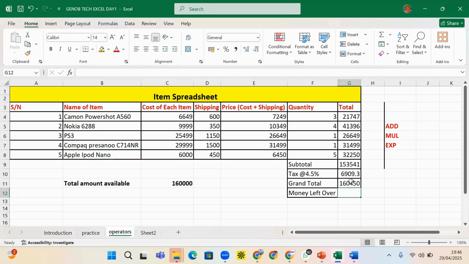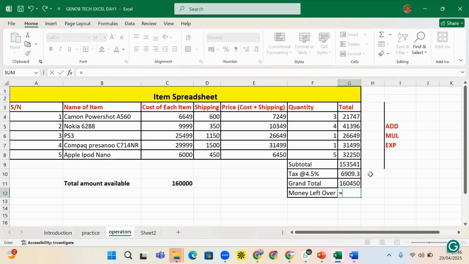So we have our expenses already that we made. And there's the total or grand total cost of the item we purchased. So we want to know how much is left over. How do we do that?